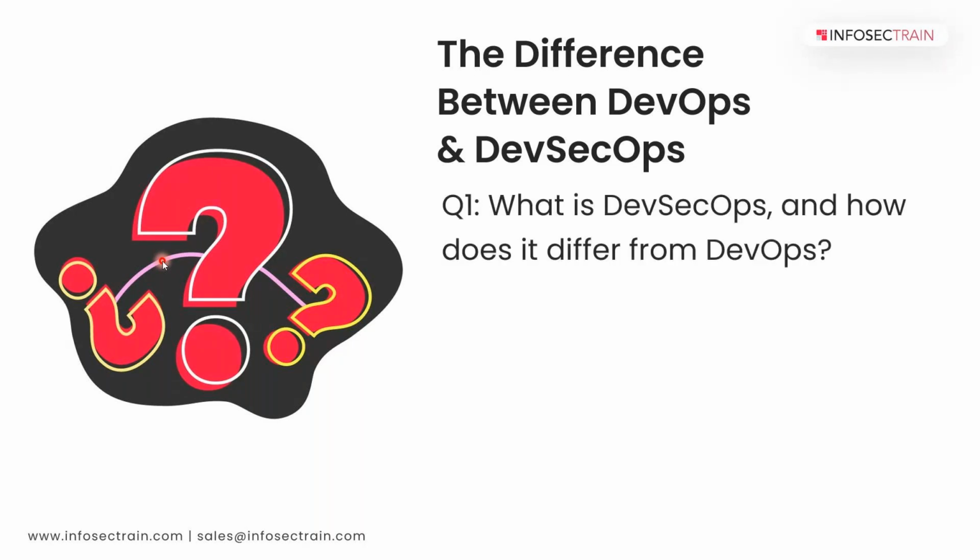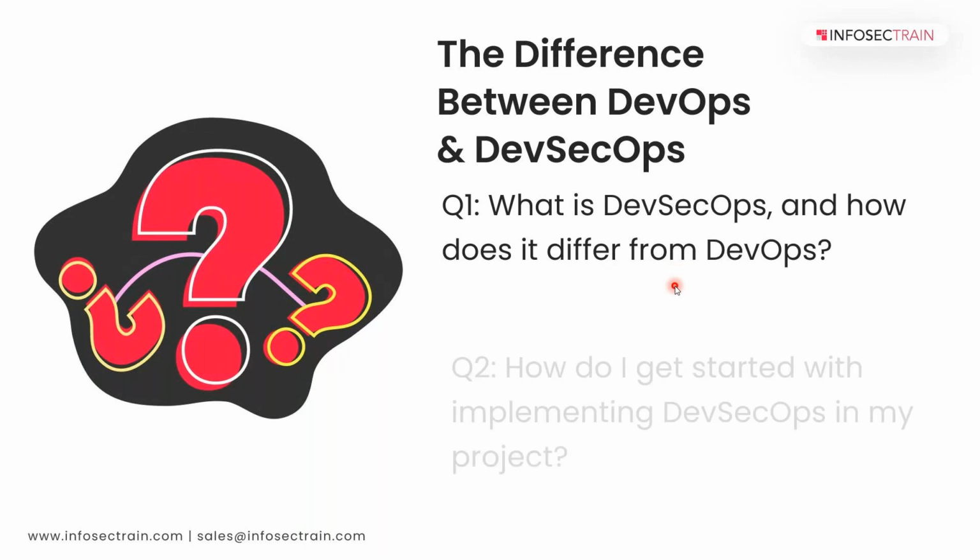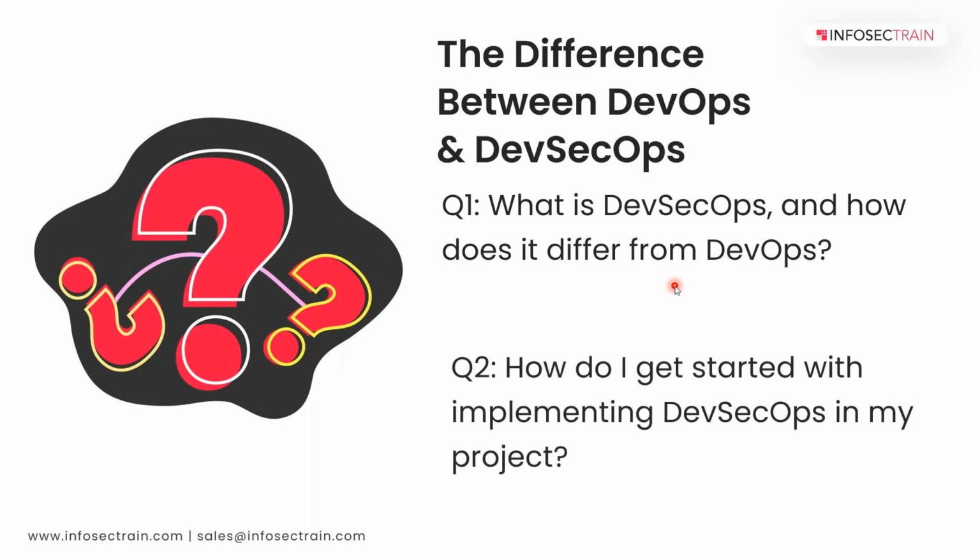So these particular questions will be running in your mind at this stage: what is DevSecOps and how does it differ from DevOps, and how do I get started implementing it in my project, in my product, or in your self-learning also.